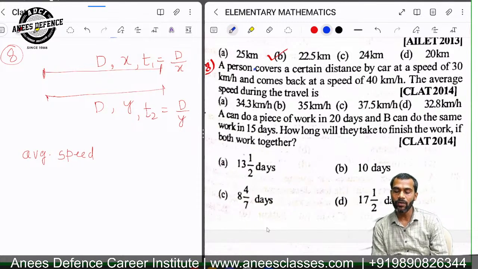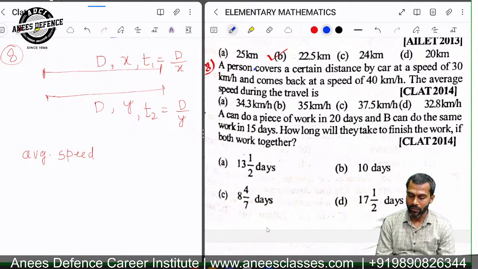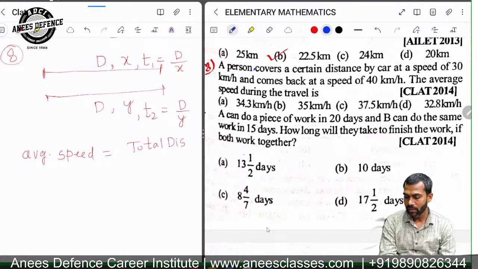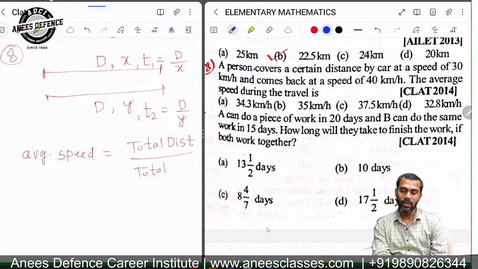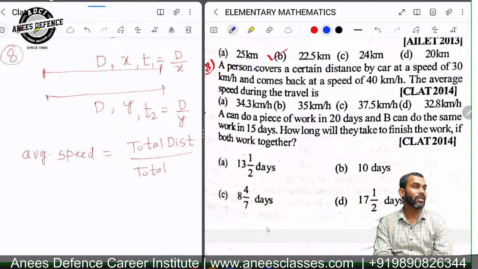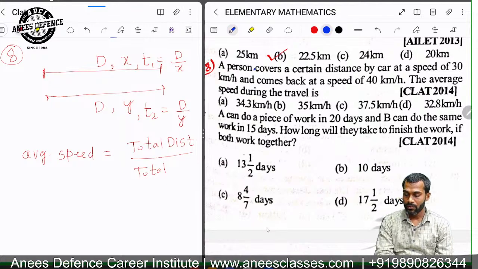So the time taken in this case would be d by y. And we already know speed is total distance upon total time. I'm just deriving. But remember, we can apply this particular formula when distances are the same.